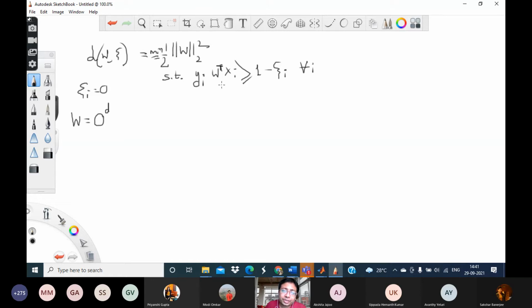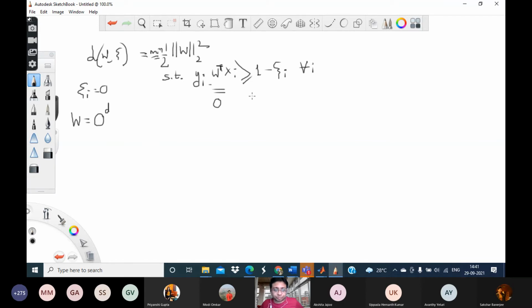But the problem is that if I had used w equal to 0, then many of the points would have been misclassified. But now that I have introduced the xi variables, maybe I can still go back to the w equal to 0 formulation. If w is equal to 0, then obviously this side will be equal to 0, for every point.